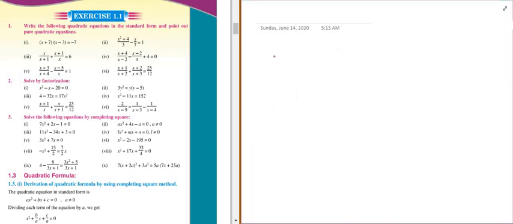Okay. Next is x plus 4 divided by x minus 2 minus x minus 2 divided by x plus 4 equals to 0. Take LCM on both sides.